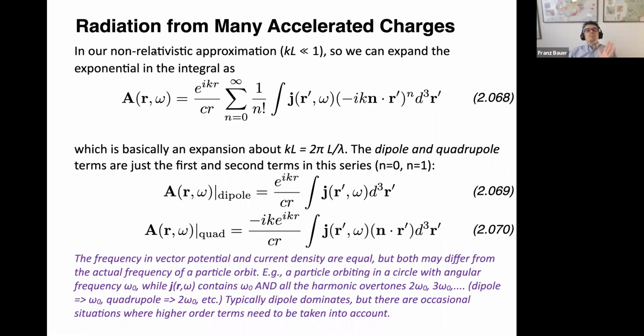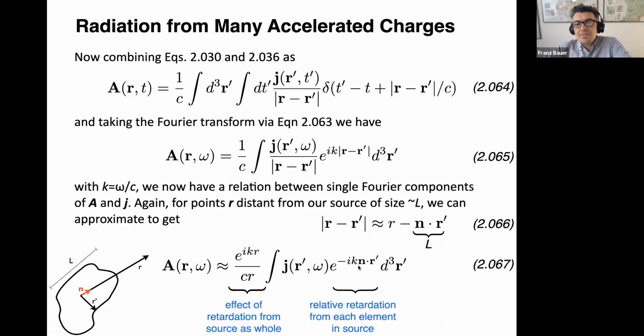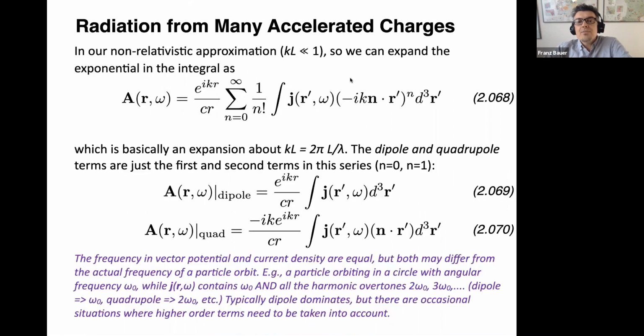Okay, so again, we're going to take a very non-relativistic approximation. And for this to work, we need that the wave number times L has to be much less than 1. And then if this thing ends up being small, we can expand it as this to the nth power here.